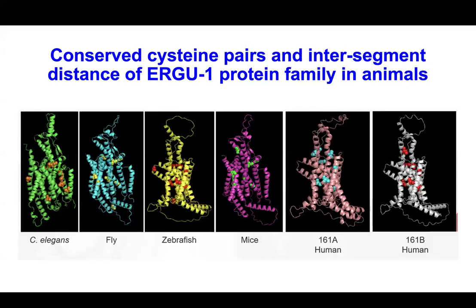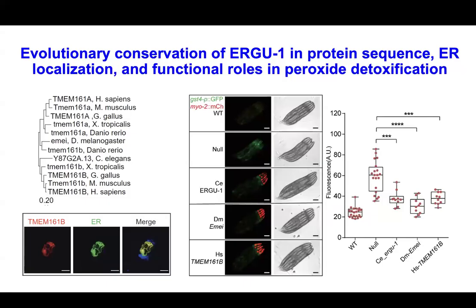For example, in the human and the mammalian counterpart, the cysteine pairs are enriched in the upper part, and the electron transfer across the transmembrane segment in the lower part may be mediated by some other cofactors. So that's what I'm going to tell you actually in the next 5 to 10 minutes.